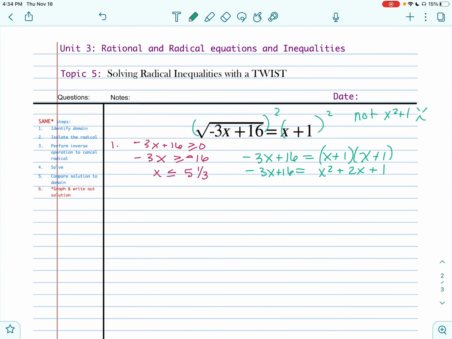Oops, sorry. And add 3x. So what do I have here? X squared plus 5x minus 15.